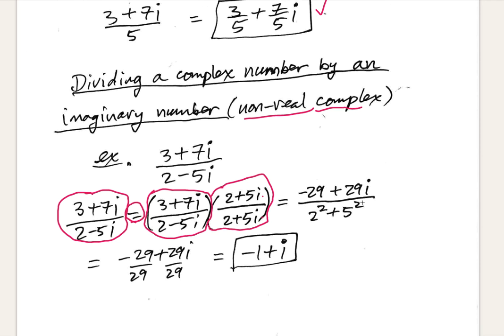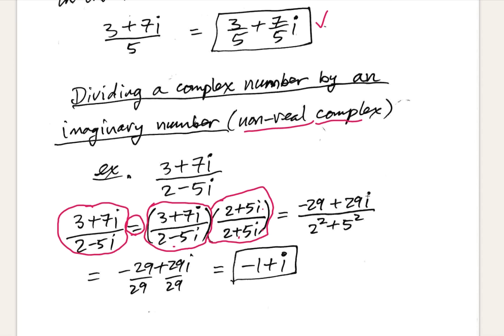Now we'll consider the numerator here in a second. I really want to focus on the denominator right now, because this is the key of why I'm multiplying the denominator times its conjugate. Because when I do that, I get a positive real number value on the bottom.